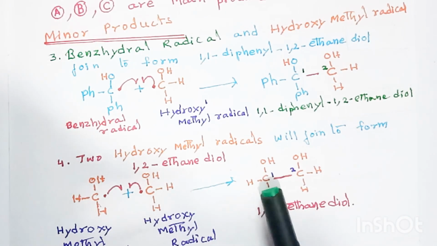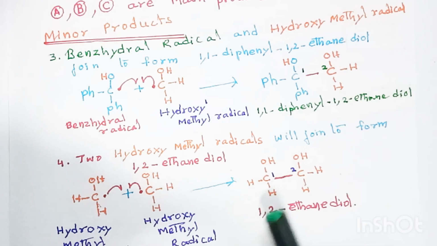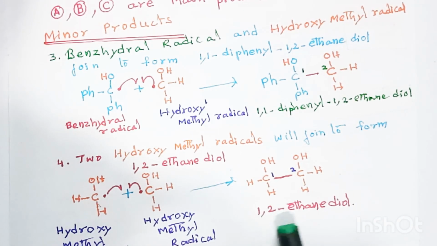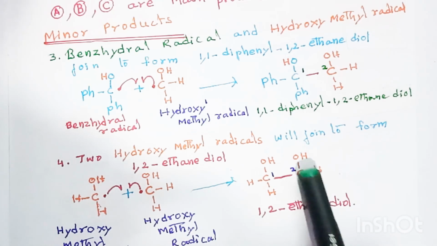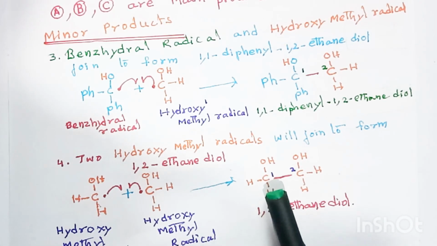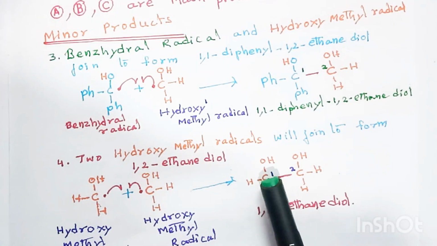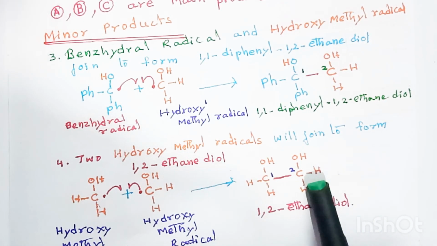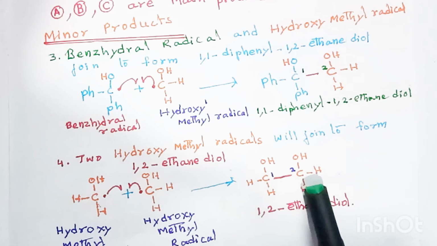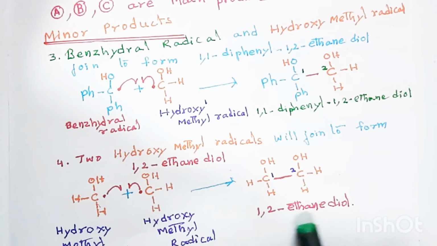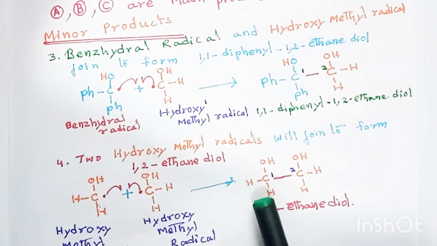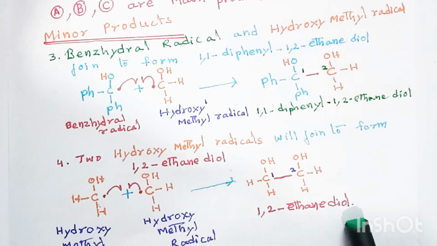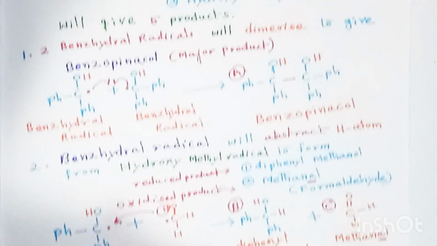This is the first carbon and this is the second carbon. So as a result, we will get 1,2-ethanediol. Diol because two OH groups are attached to first carbon and second carbon. Since two carbon atoms are present, it is called ethane. So this is 1,2-ethanediol. Let us see another example.